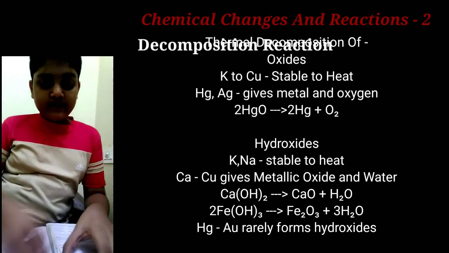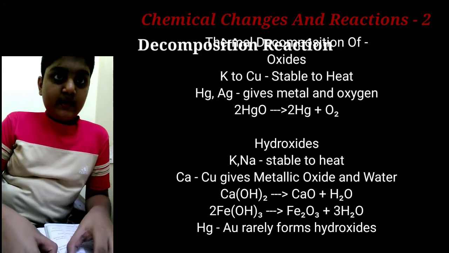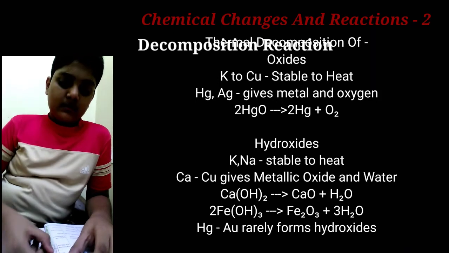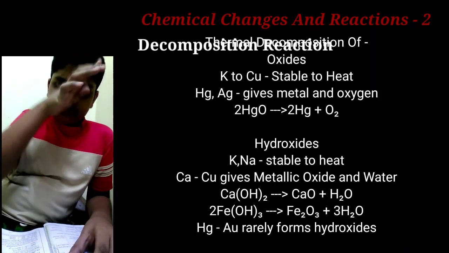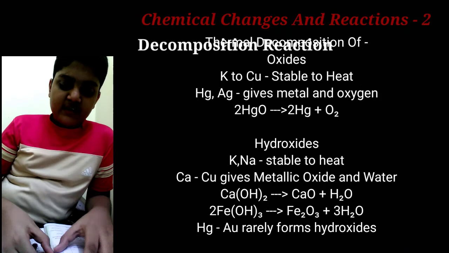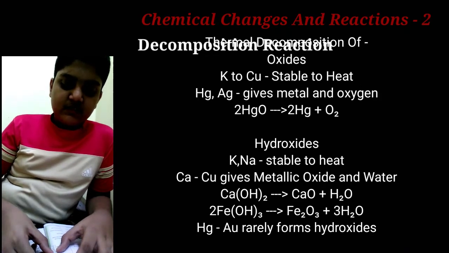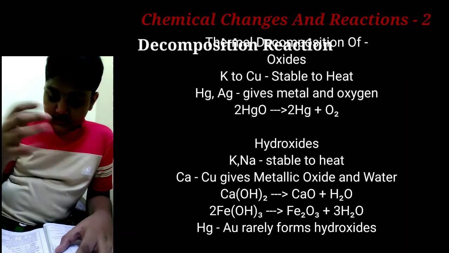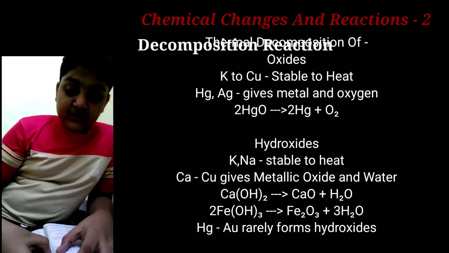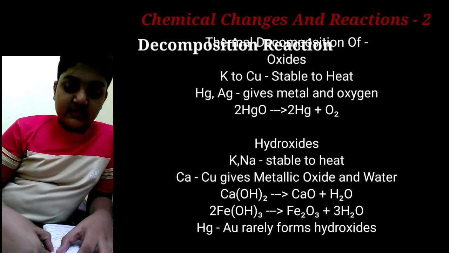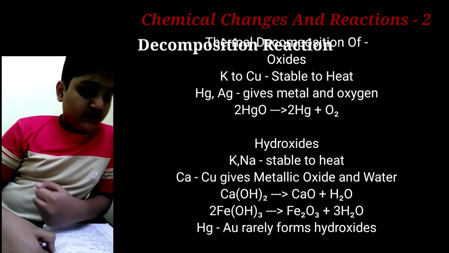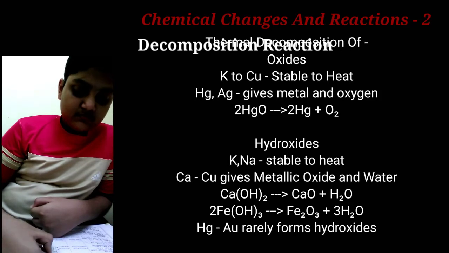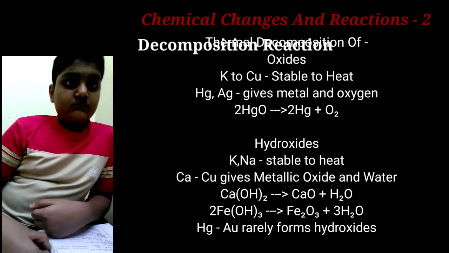Its order is somewhat like this: potassium, sodium, calcium, magnesium, aluminium, zinc, iron, lead, hydrogen, which is an exception case, but still we will write it. Even though it is a non-metal, we put it in the category of metals. After that, copper, then mercury, silver, platinum, gold.